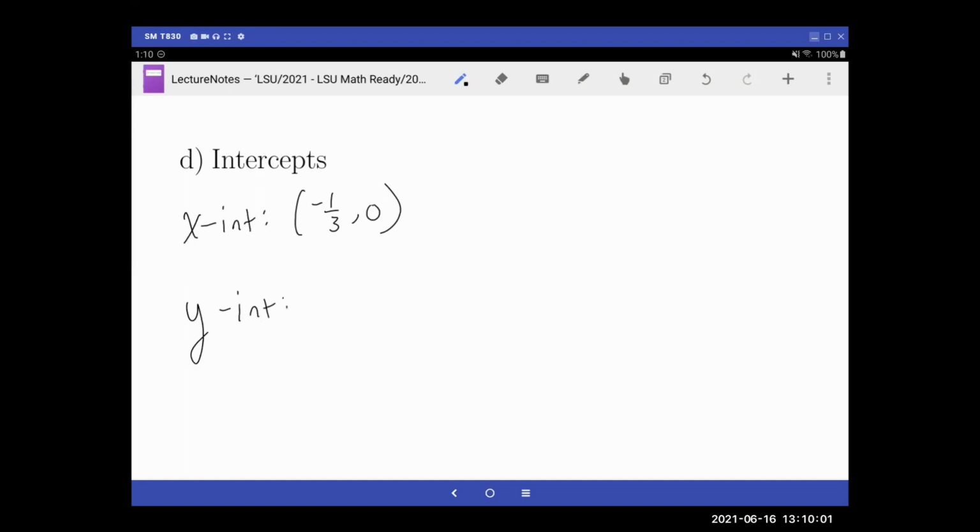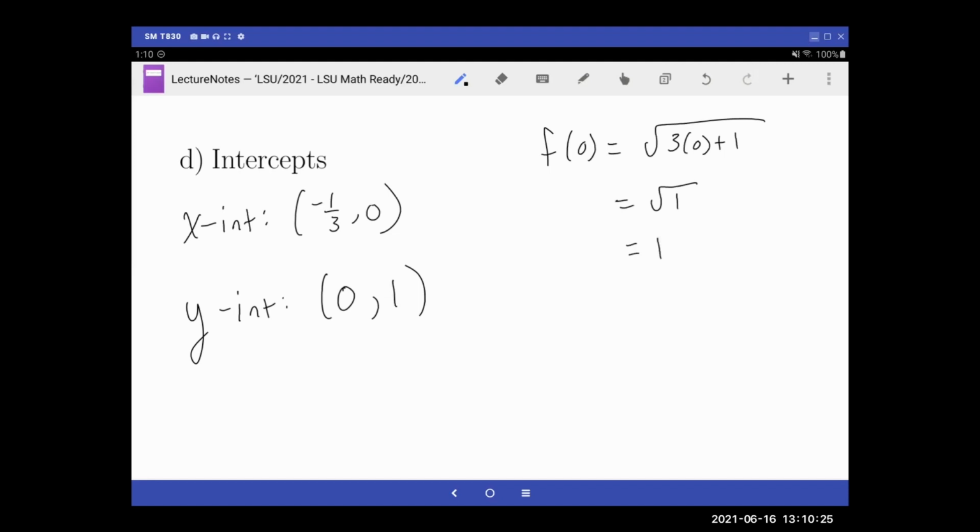To find the y-intercept, you can just remember that y-intercepts have the x value being 0. So if I just plug in 0 into the function, that y value that's produced is the y-intercept. Three times 0 is 0, so we have the square root of 1.